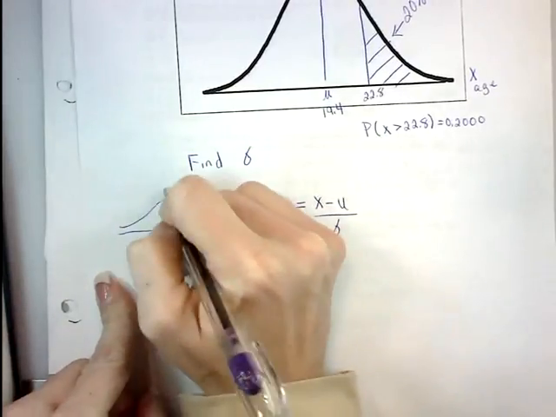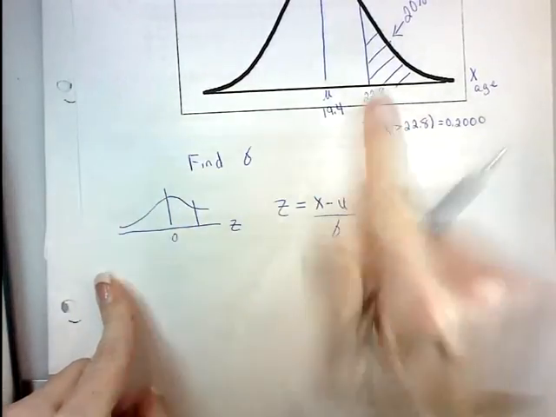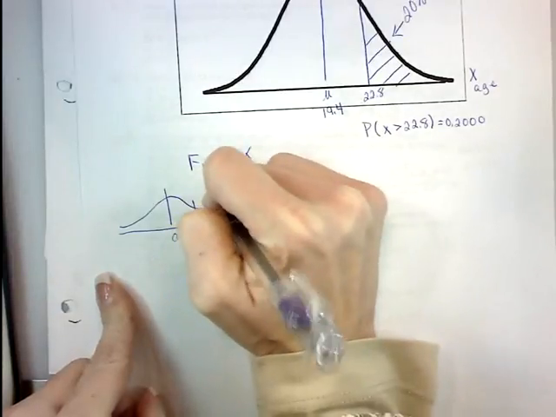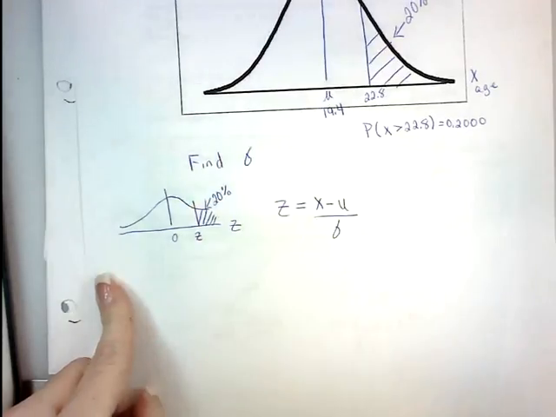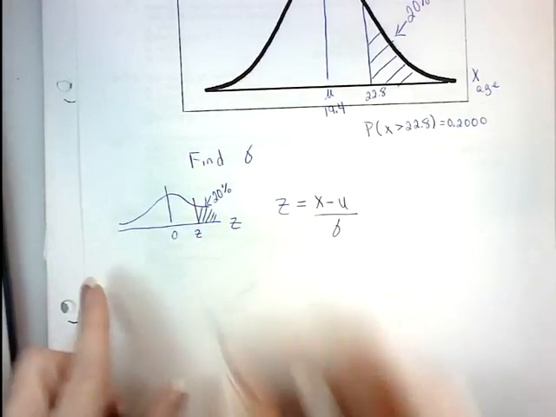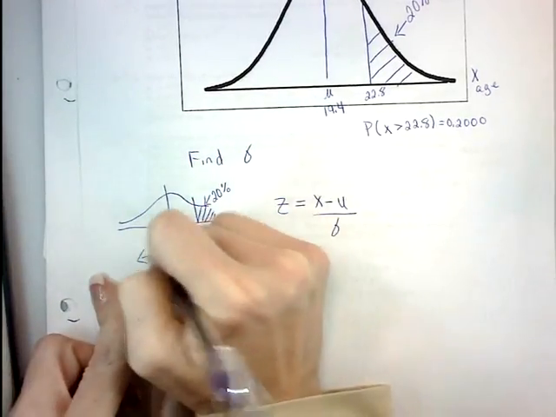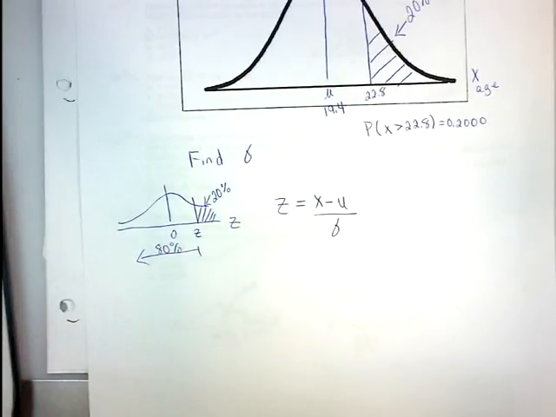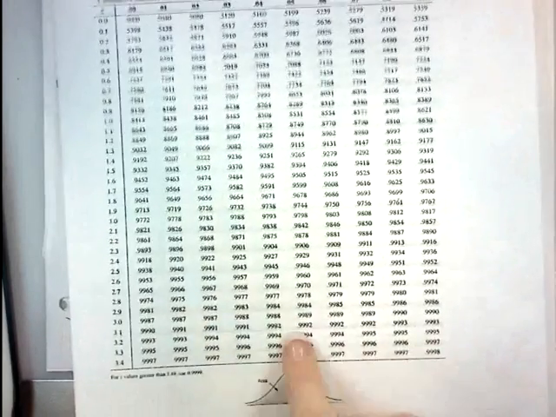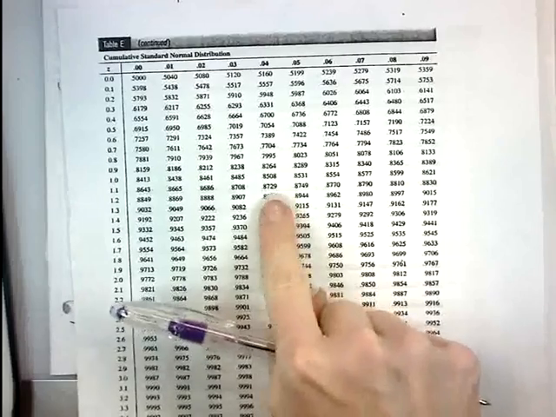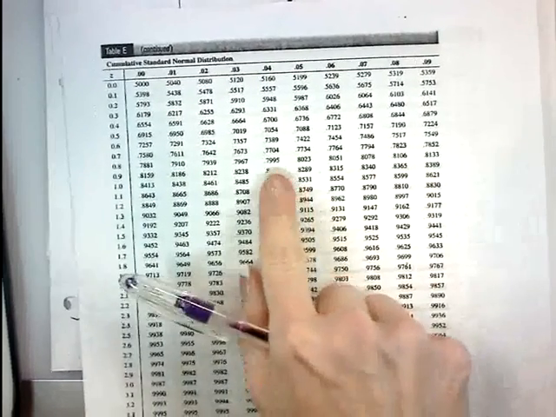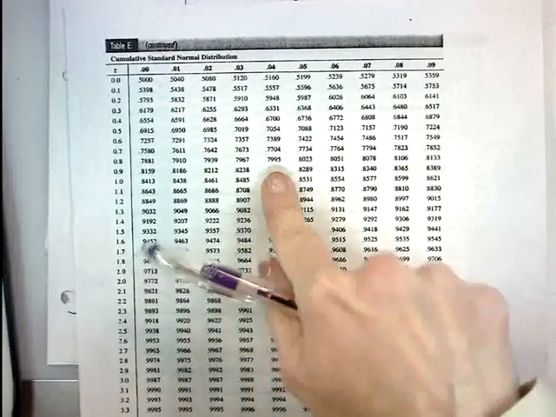The z-score that represents the 22.8 is here, and it cuts off the upper 20% just like this picture. So if it has 20% above, it has 80% below. And with the two-page z-table, we look up an area of 80, and that area is closest to 0.7995.